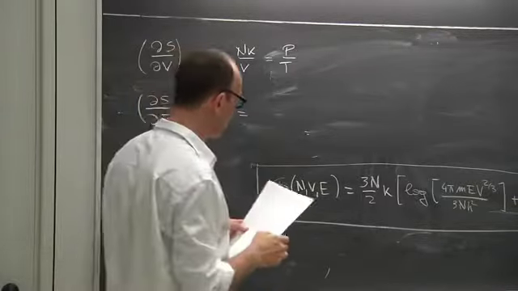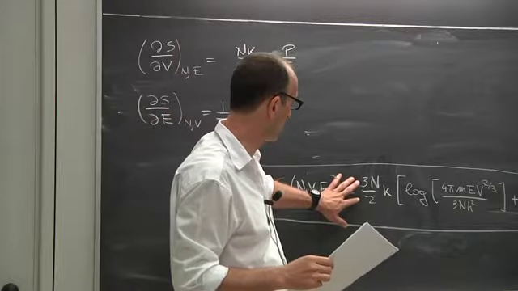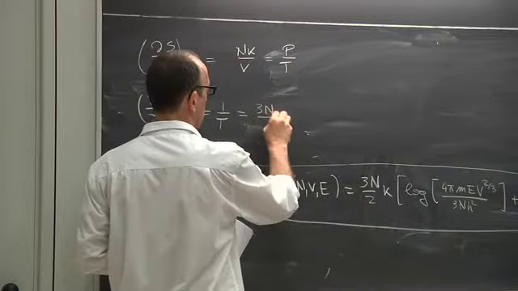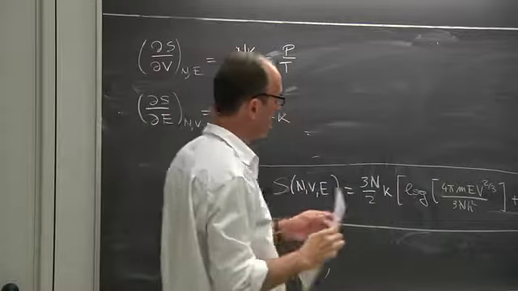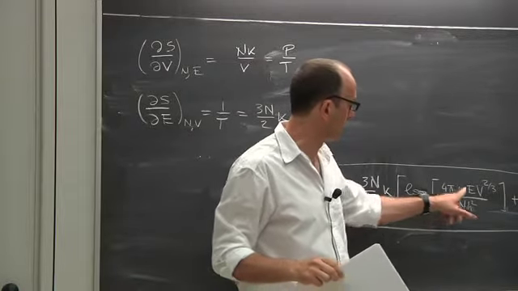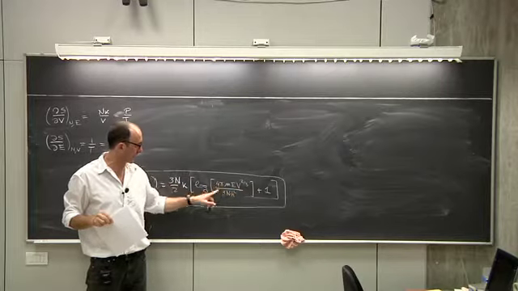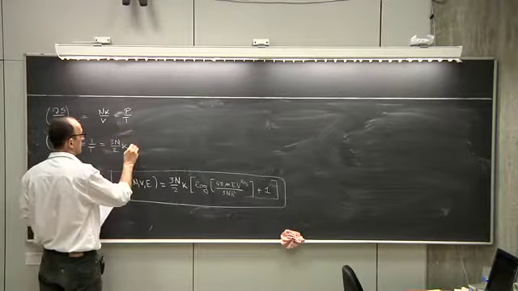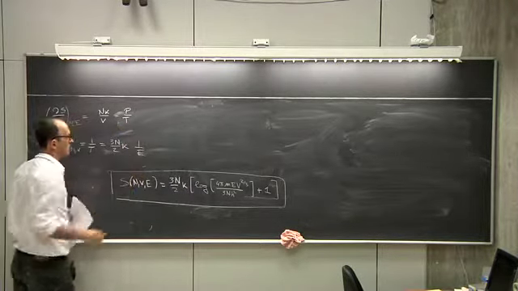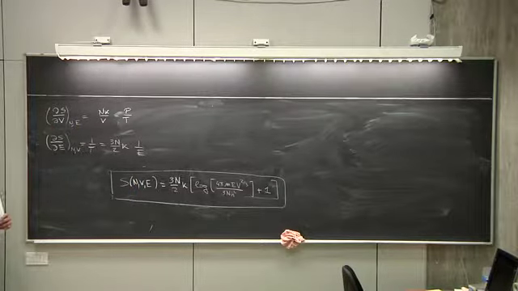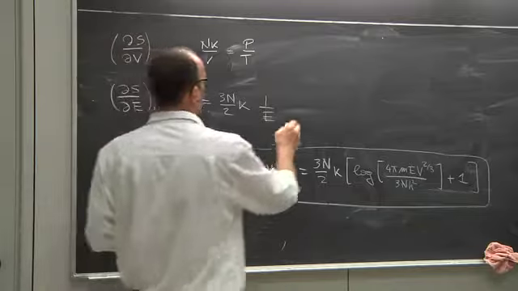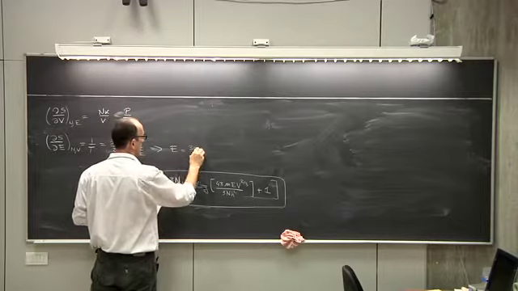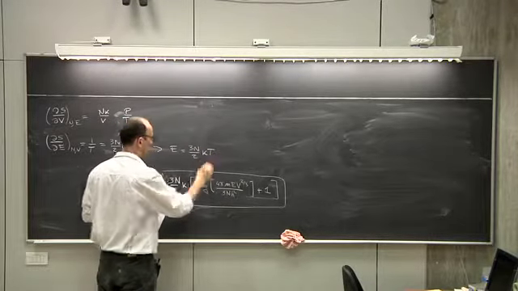If you do this, you get 3N over 2 times k, and then the only term which contributes is the logarithm of the energy, because all the other terms are just constant, and so you get times 1 over the energy. And this implies that the energy is equal to 3N over 2 kT.